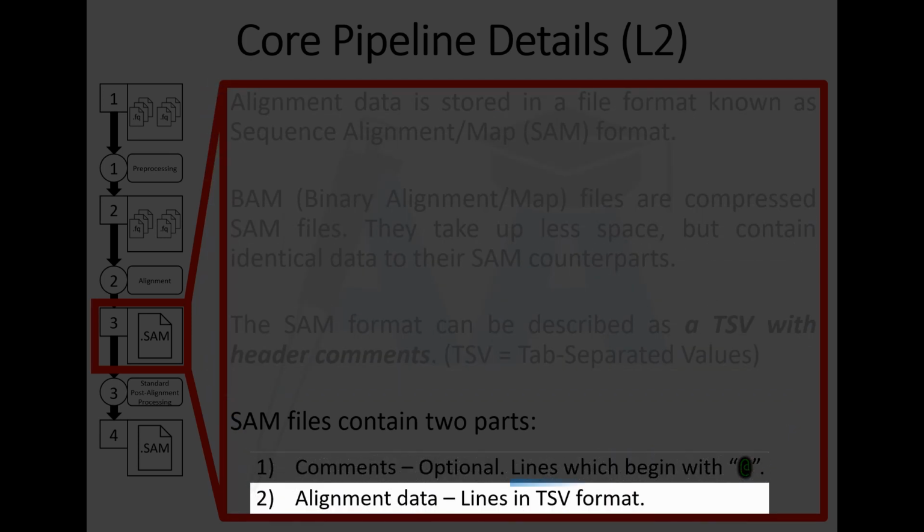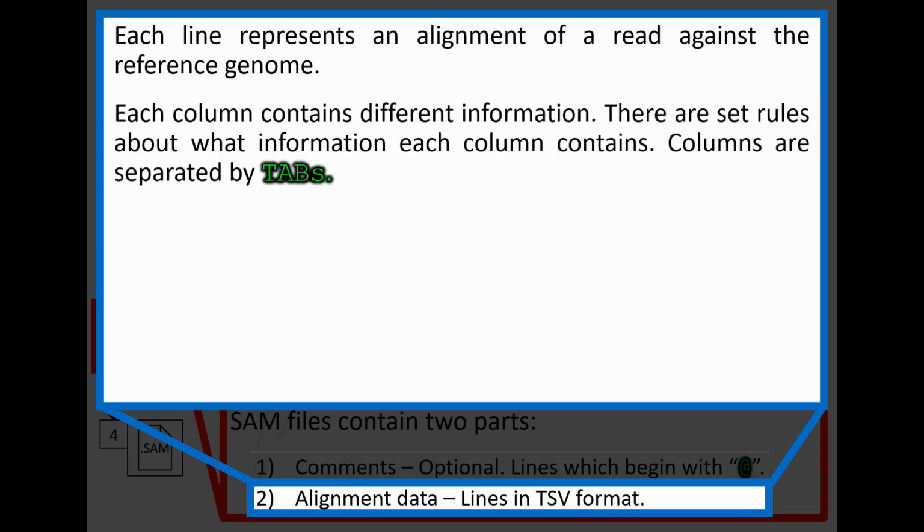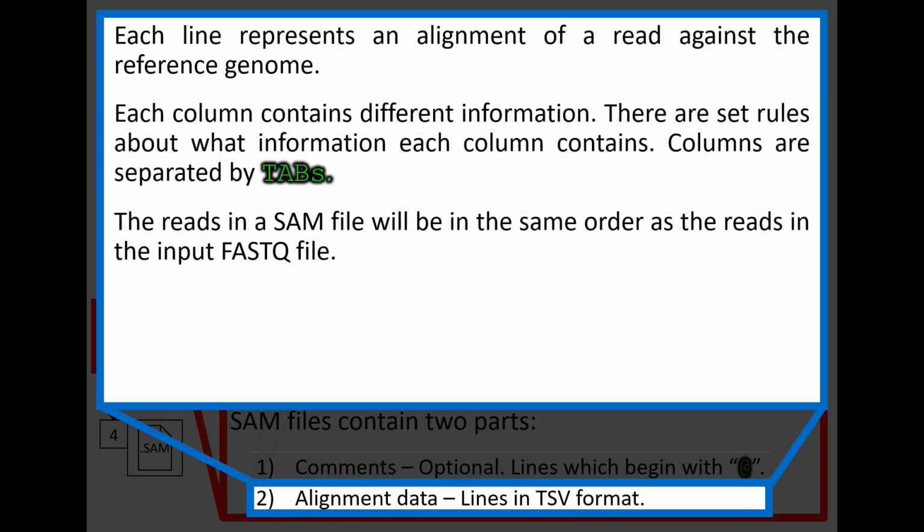When it comes to the alignment data table, however, there is a lot more to talk about. As previously stated, different rows are separated by new line characters, while different cells of the same row are separated by tabs. Each line represents an alignment of a read against the reference genome, but this is not necessarily a one-to-one relationship.